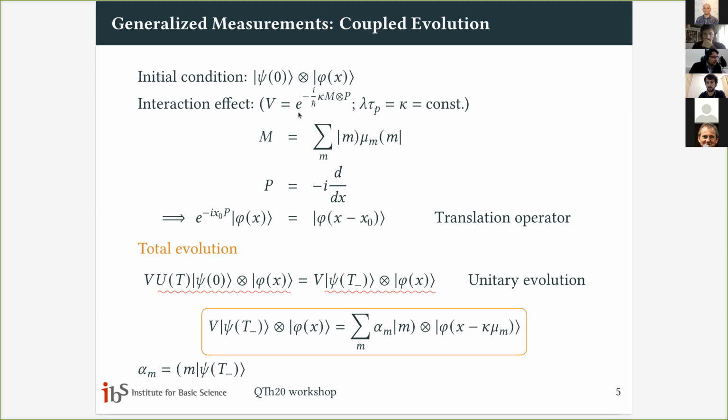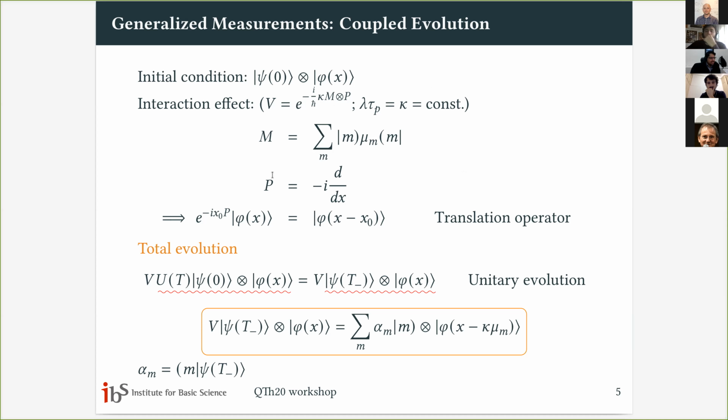And so in very simple mathematical terms, what this means is that if I start with an initial condition of the system, psi, and an initial condition of the pointer, phi, it initially evolves, which is what you see here. This is just the unitary part of the evolution, which is underlined. And then V is the interaction part, which is given by this interaction Hamiltonian, M tensor product P. The kappa decides the strength of the system-pointer interaction and also the time scale at which the system and pointer interact.